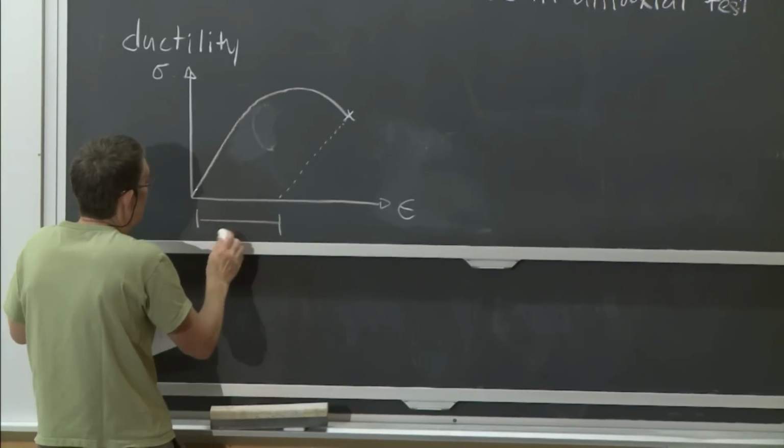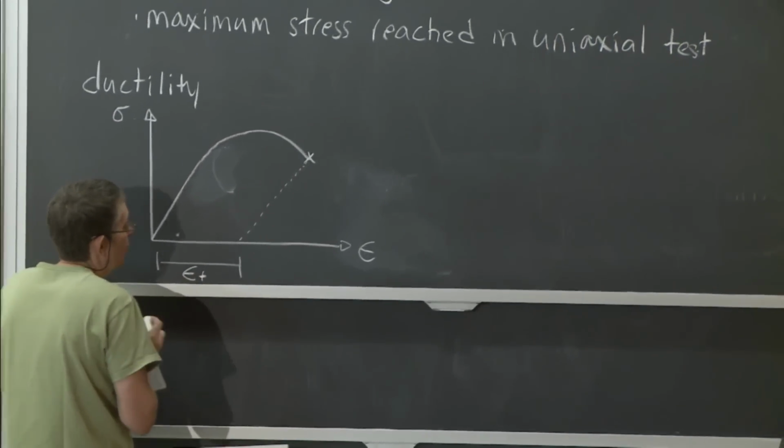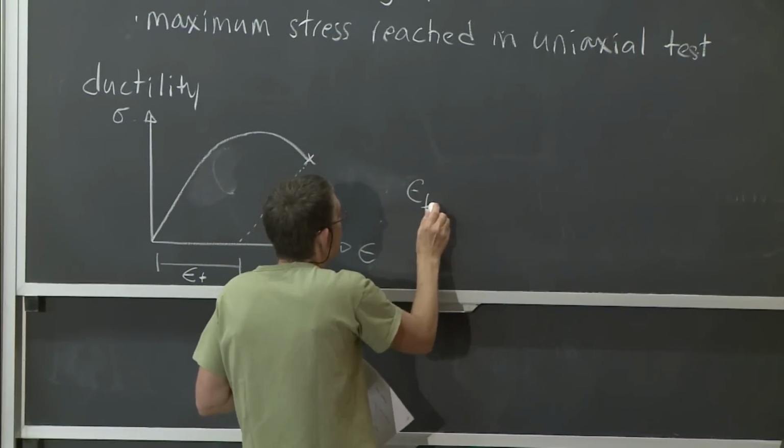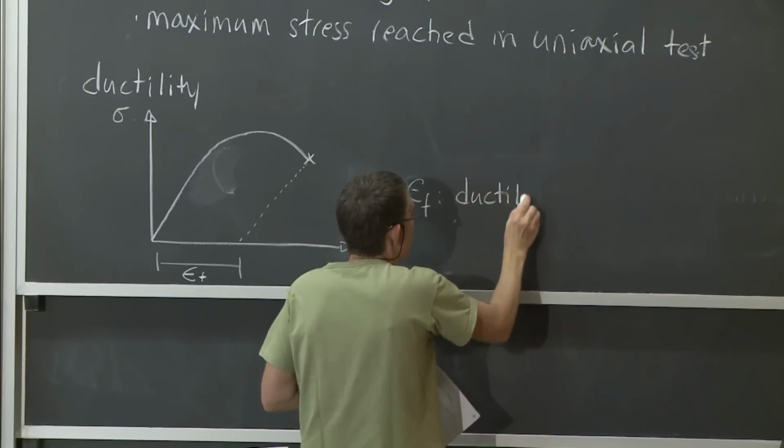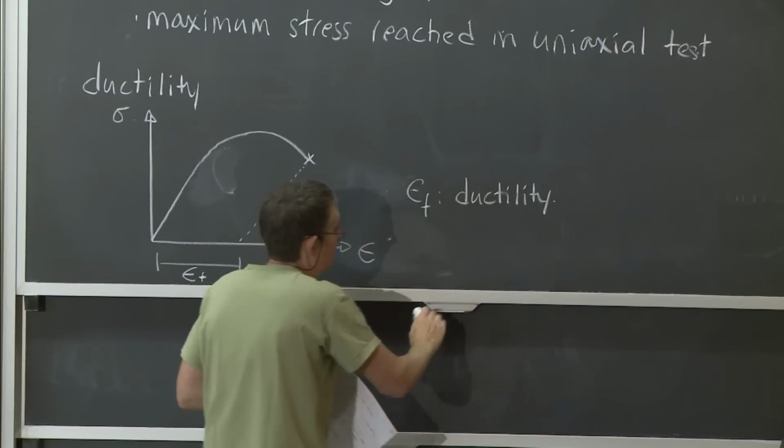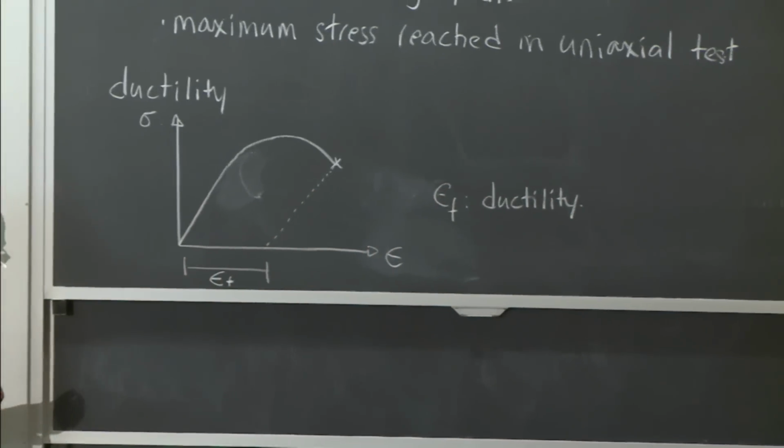So that would be the strain to failure, so let's call that epsilon F. And that's a measure of the ductility. Okay, so that's the total amount of plastic strain you would have at fracture.